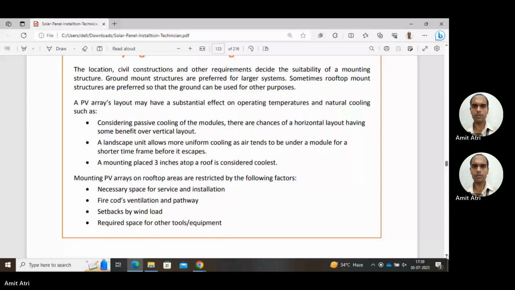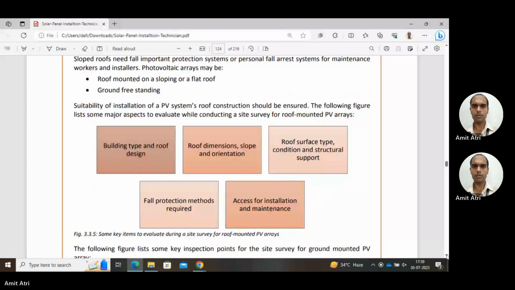We have to give space for these other auxiliary components as well. Now coming to sloped roofs. They need a fall protection system or personal fall arrest system for maintenance workers and installers because they are on a slope. Protection for the installer and the maintenance worker is also needed.